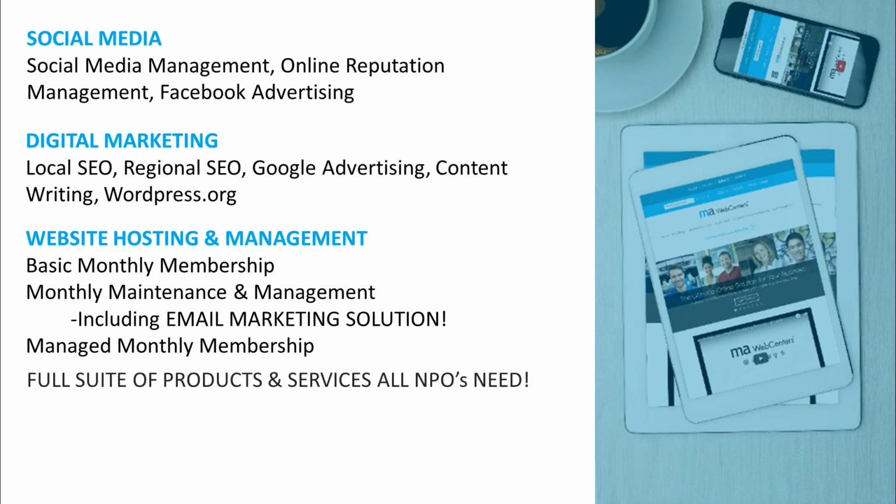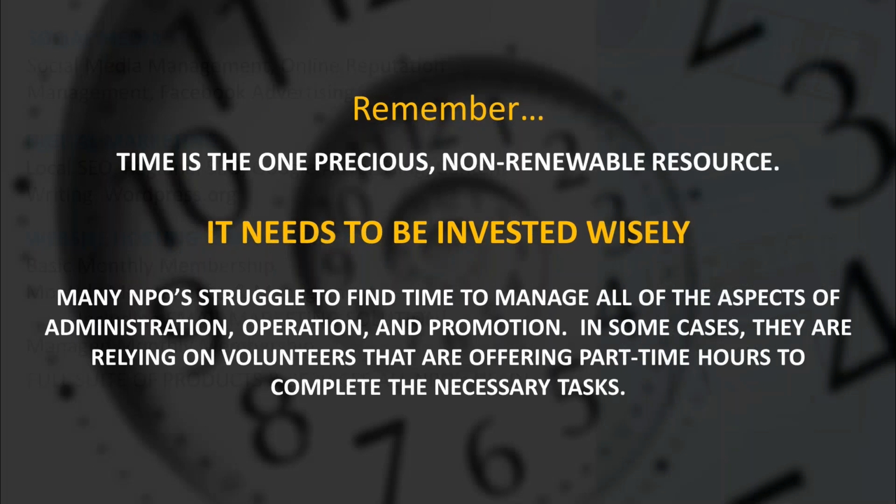And so search engine optimization for showing up on that keyword would make a lot of sense. And of course, the website content can be very good for them. And sometimes if they don't have full-time staff, it might be a good solution for them to have the website maintained for them, meaning upgrading to the maintenance solution where the staff or the board of the NPO simply needs to identify what they need to have posted, and it's going to be done for them by MA Web Centers, as opposed to having somebody who isn't a paid employee who has to make changes for them.